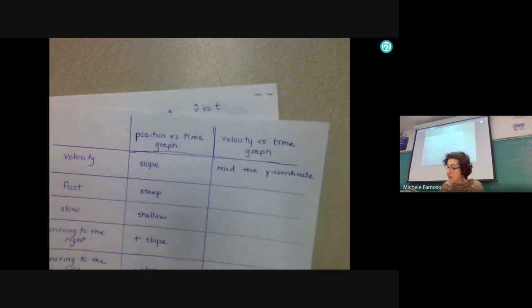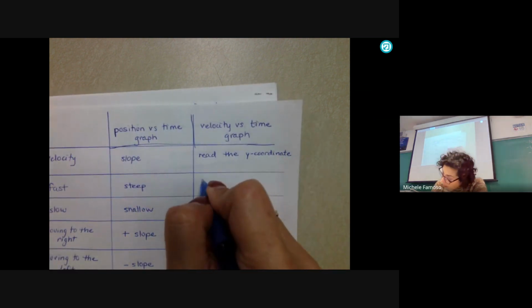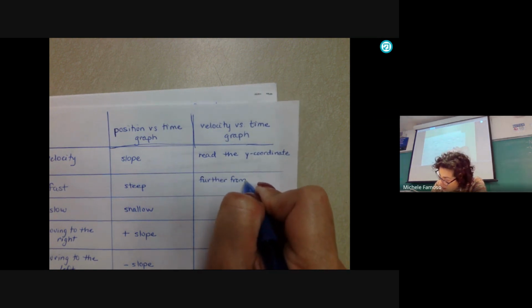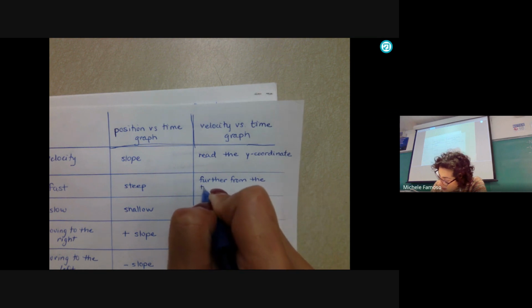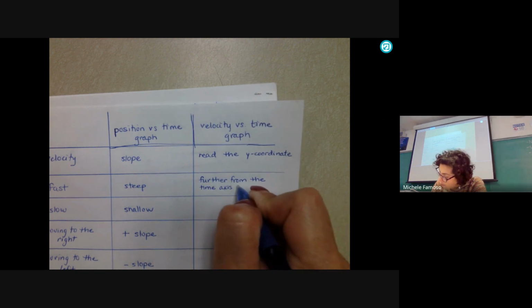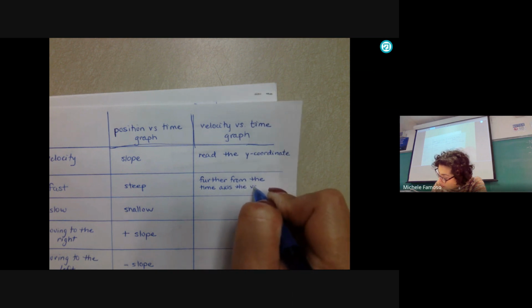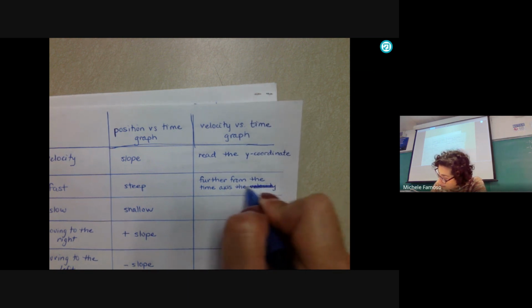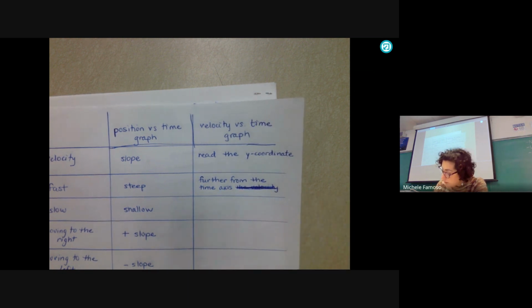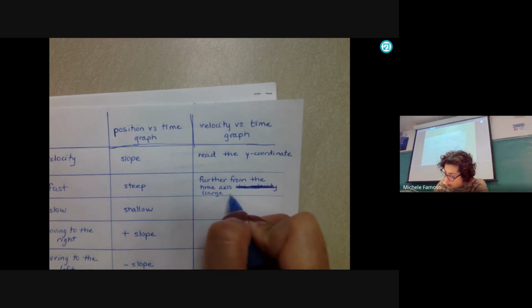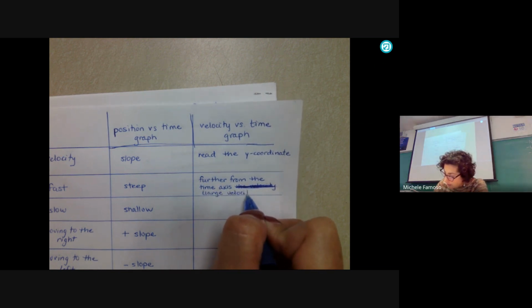So the faster it's moving, the further from the time axis the value or the velocity is. The further, just say further from the time axis. That's how we get large velocity.